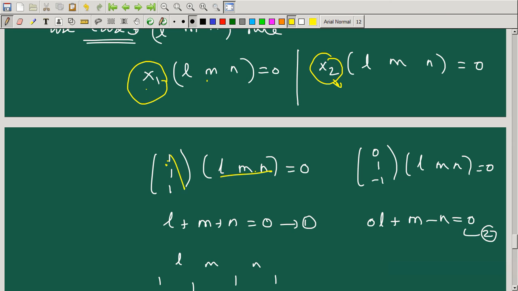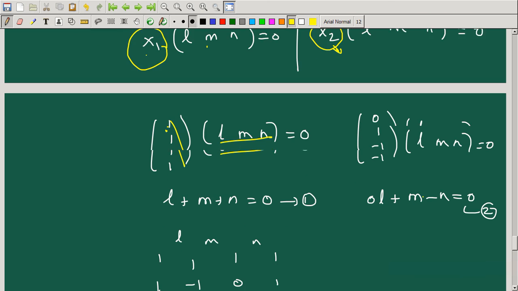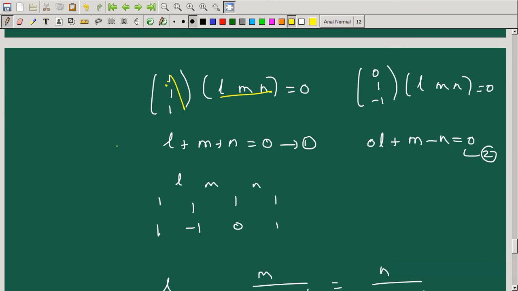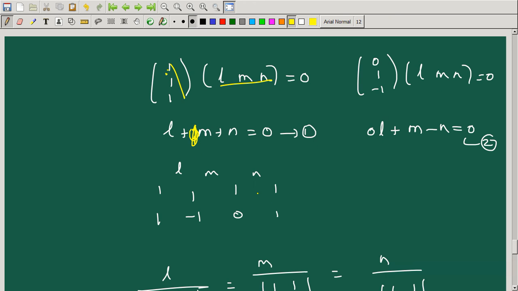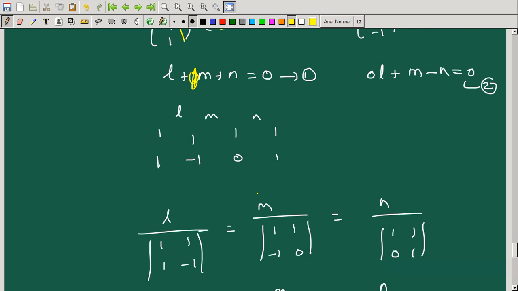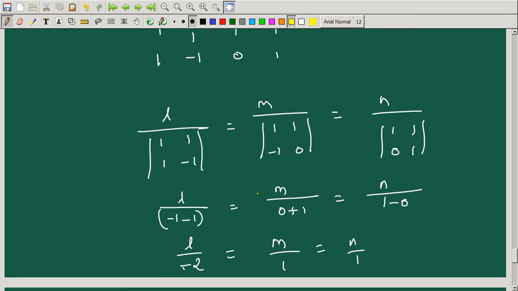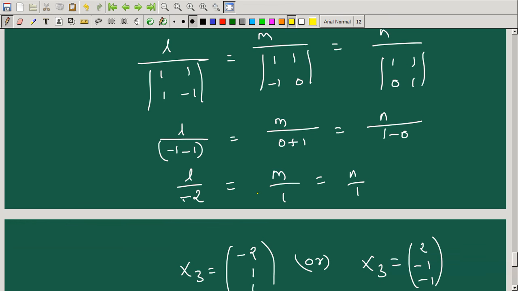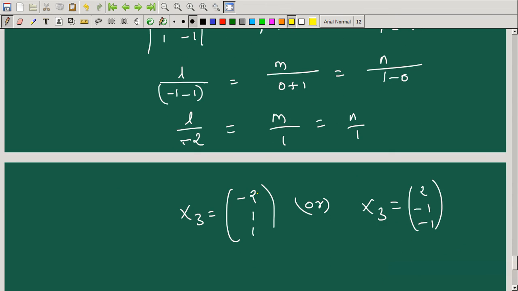So L plus M plus N equal to 0, and 0L plus M minus N equal to 0. For simplification, start with coefficients and end with coefficients: 1, 1, 1, and 0, 1, -1. After solving this, we get the cross product as -2, 1, 1, or you can write 2, -1, -1.